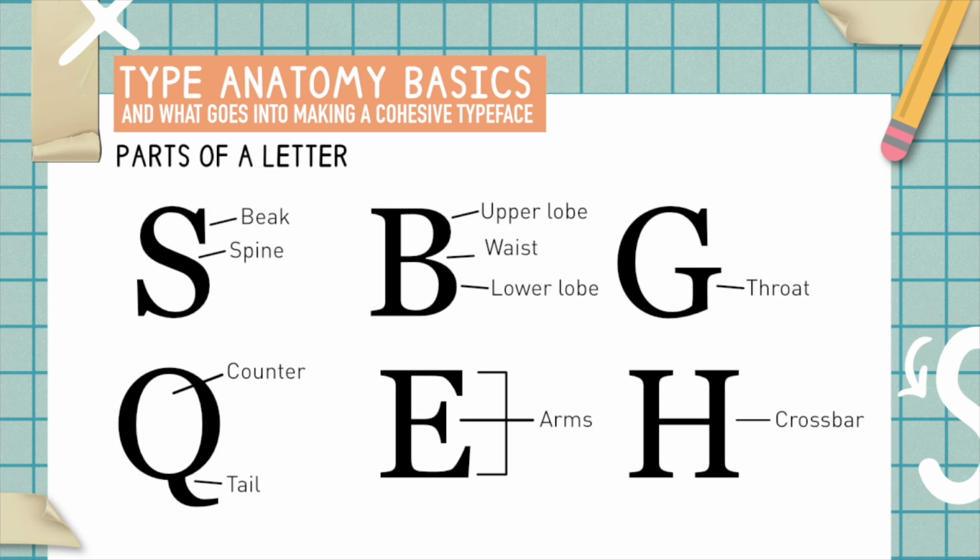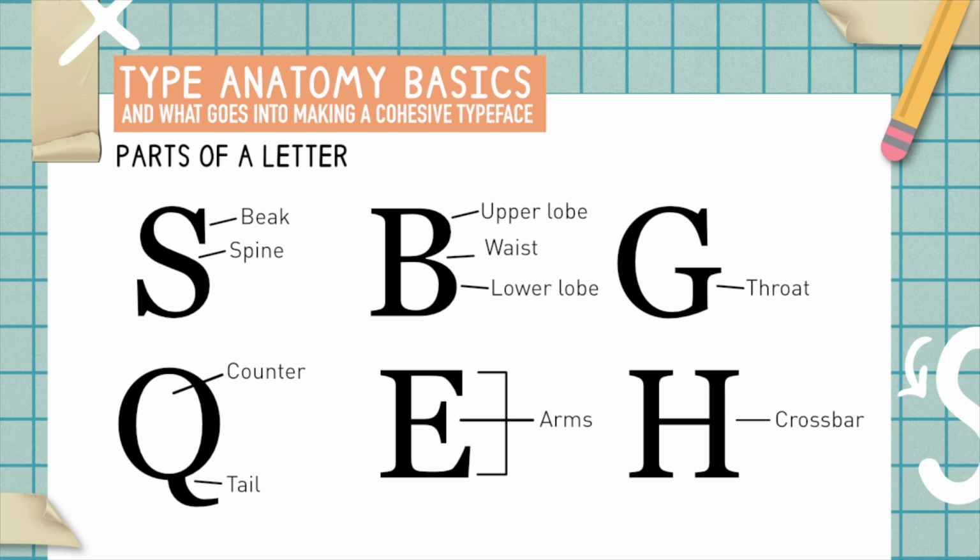So these are some additional parts of a letter that you might want to keep in mind since we are working in uppercase format. If we look at this S, we see the beak, which is the top point of the letter S. That spine is that curve that we talked about earlier. And then if we look at the uppercase B, we'll see both of those curvatures in the letter. We can also call them the upper lobe and the lower lobe, and the space in between them is the waist.